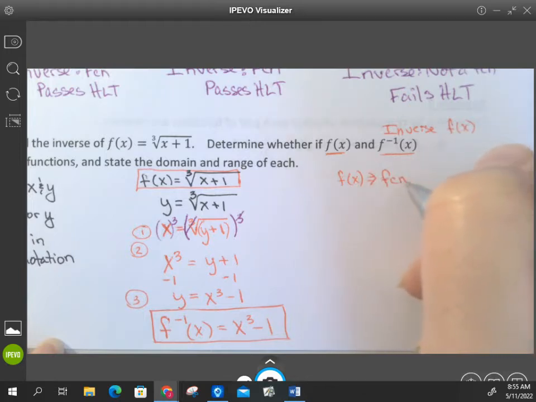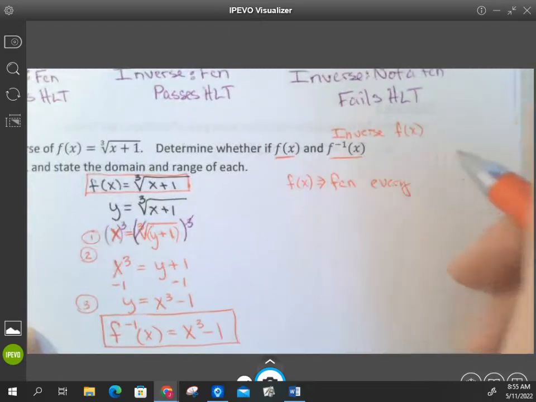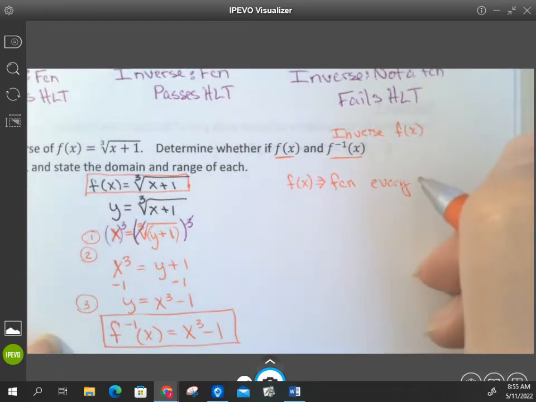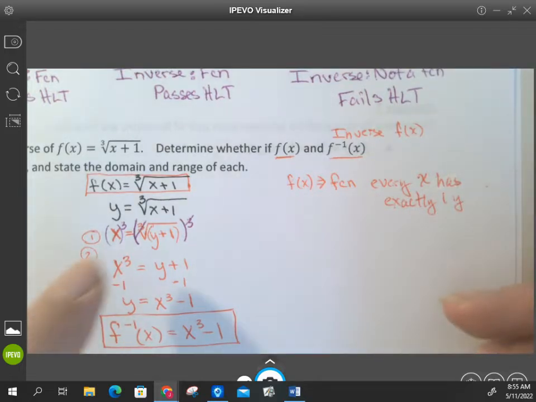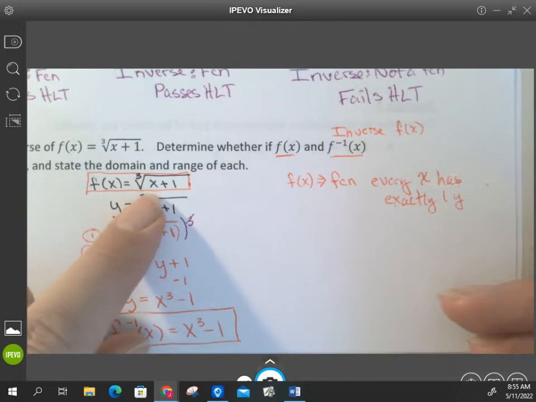Every x has exactly one y, or if we graphed it, it'd pass the vertical line test. Every x has exactly one y, and the reason I'm willing to say it and write it again is so we remember it.